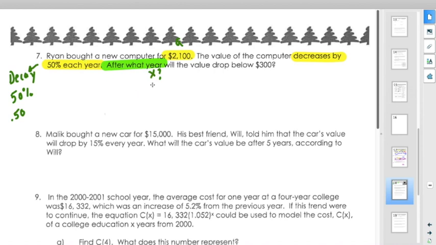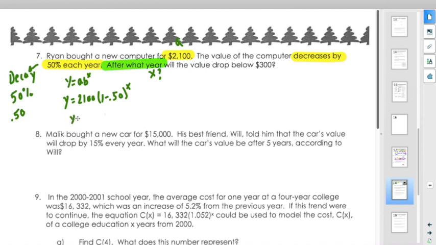And I need to figure out what is x. Well, let's set up our equation. y equals a times b to the x. So y equals, a is 2100. It's a decay, so I'm doing 1 minus 0.50 to the x power.